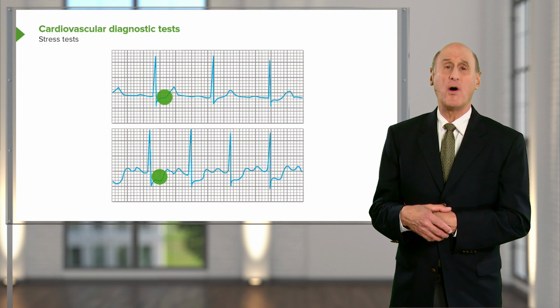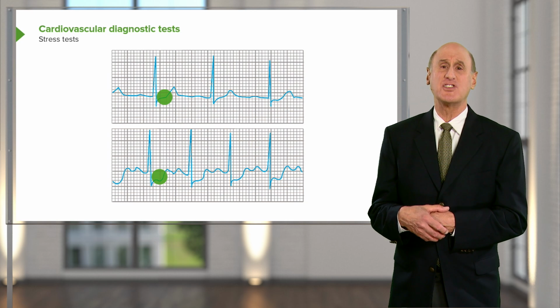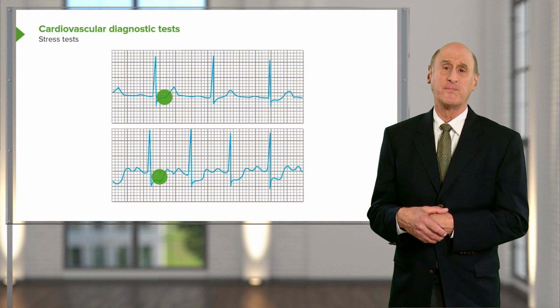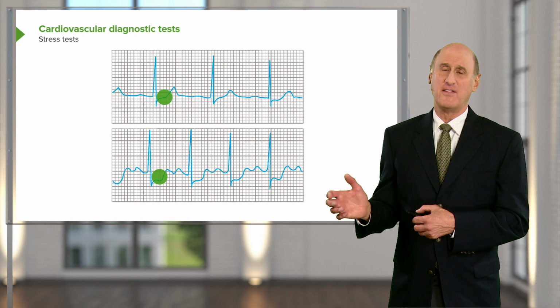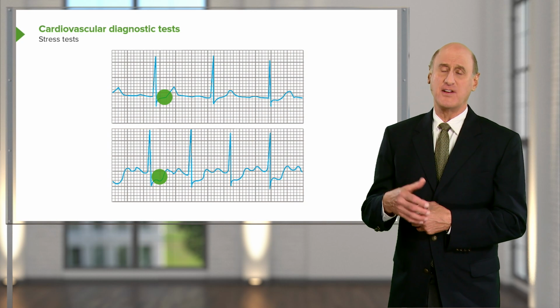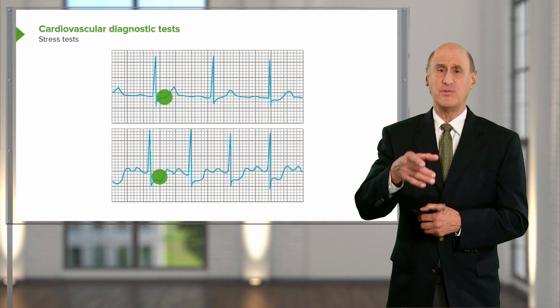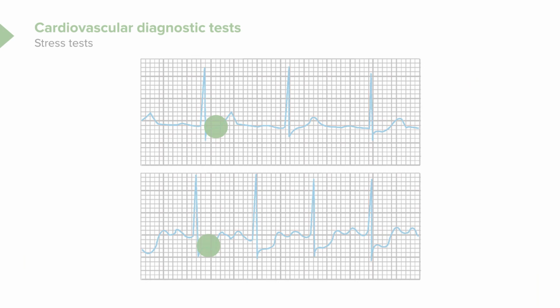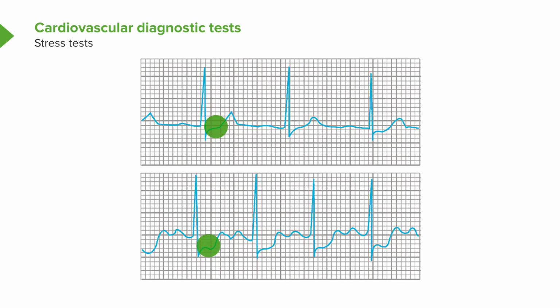That is a so-called ischemic response, and it suggests that there's part of the heart muscle that's not getting enough blood flow. Remember the motor analogy? There's not enough gas getting into the motor and the motor is hurting. It's not performing well, and it shows you this ST segment depression. This is a very typical example of a positive EKG exercise stress test.